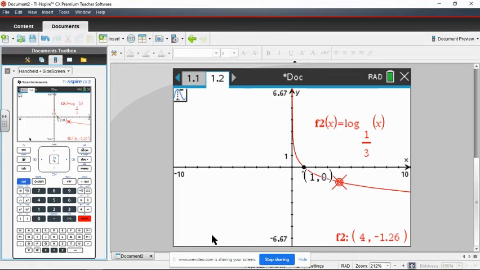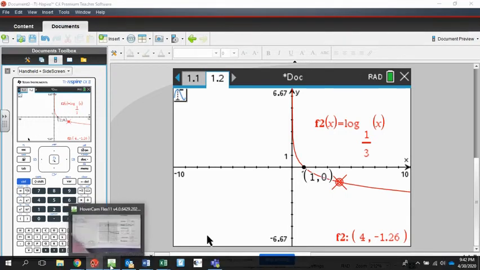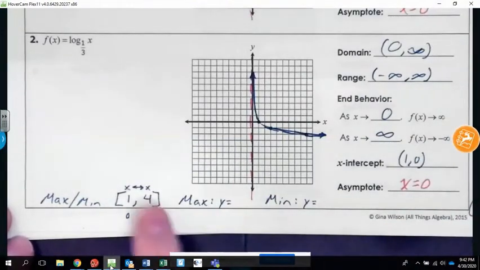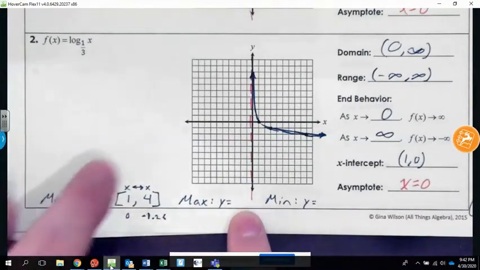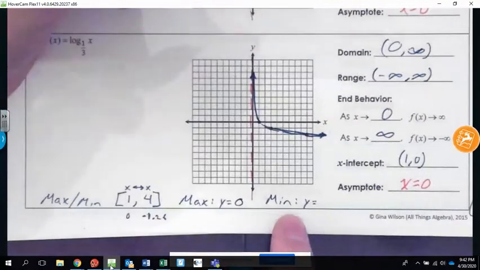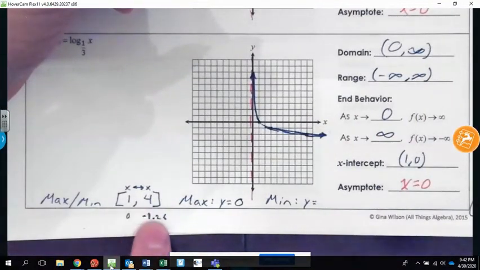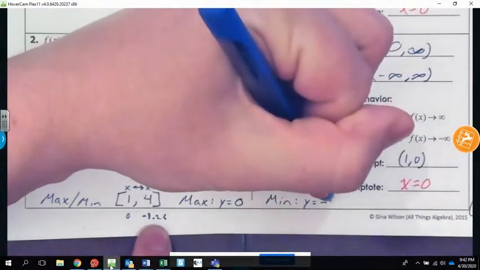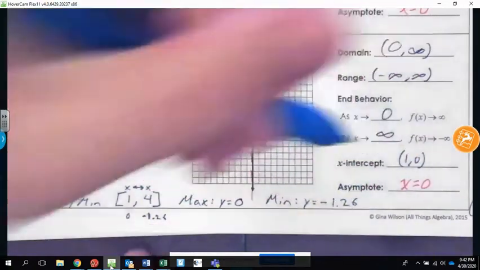So here, when I go back to my notes page, I know that the higher number is 0, and negative 1.26 is the lower number. So the maximum, when x is 1, you have 0. Your minimum, when x is 4, you have your y value equal to negative 1.26.